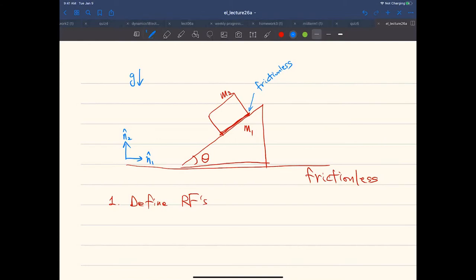And how many reference frames do we have other than the Newtonian reference frame? We have two, right? One is the wedge and the other one is the block on the wedge. So this is reference frame A and this is reference frame B. Then we want to add A1, 2, 3 and B1, 2, 3 appropriately.